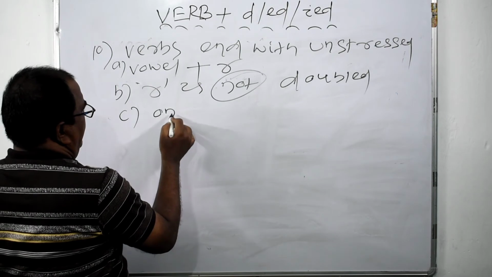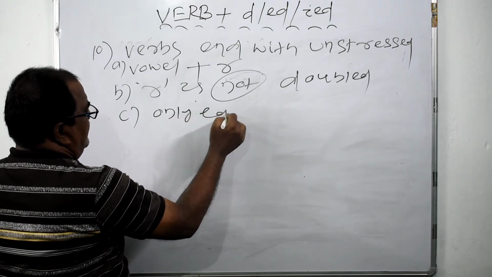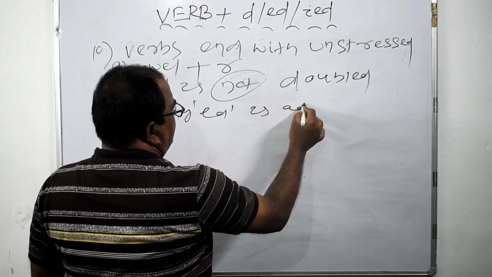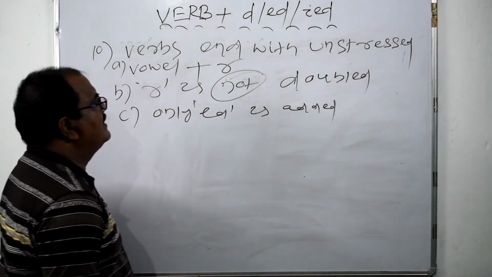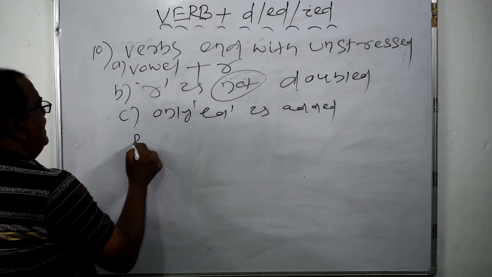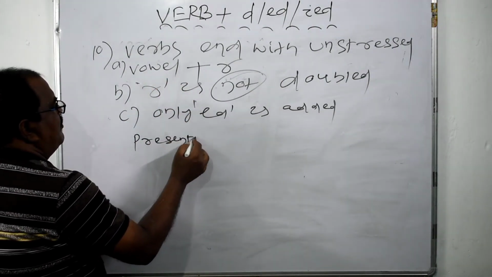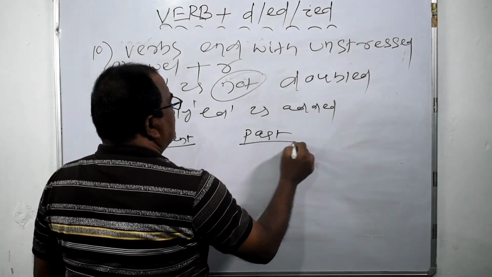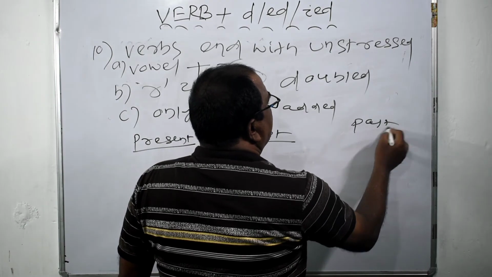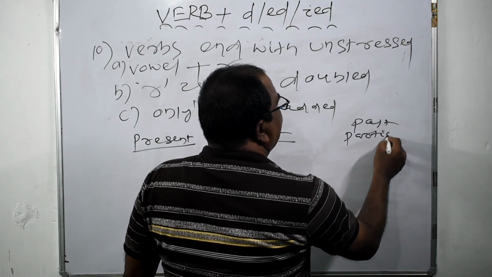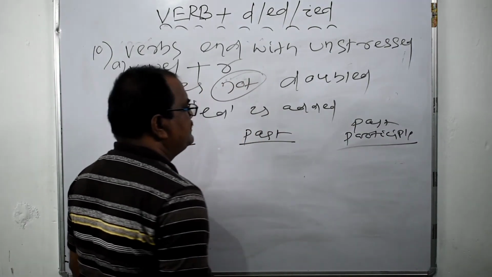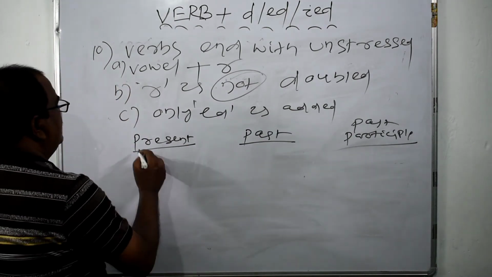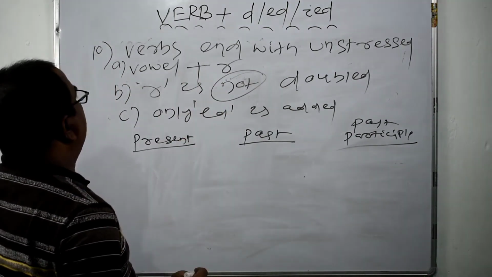Only ed is added. We can take the examples of some verbs. Past, past participle. Verbs end with unstressed vowel.